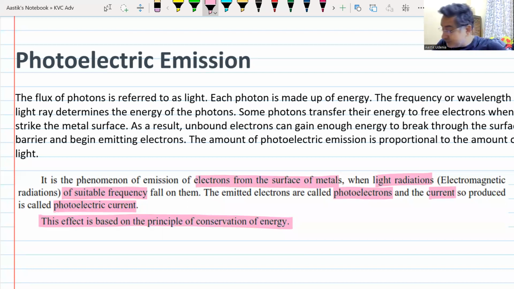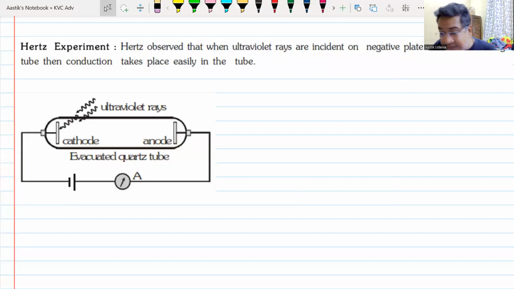Einstein did a lot of pioneering work on this, but the gentleman who observed this was Hertz, in the year 1887. He observed this effect. Can anyone explain what is happening here? What did Hertz observe?